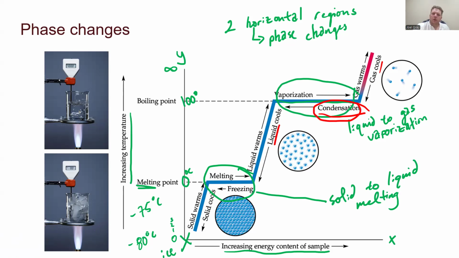Liquid goes to a solid, that is through a process known as freezing. These are phase changes, but it's just the direction. Liquid to gas is vaporization, gas to liquid is condensation. Liquid to solid is freezing.